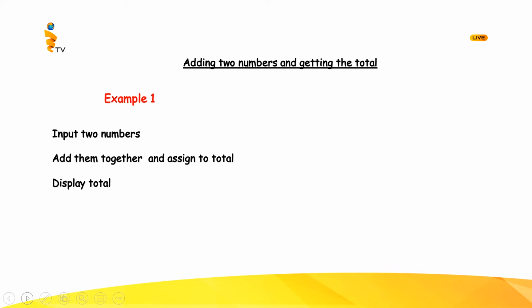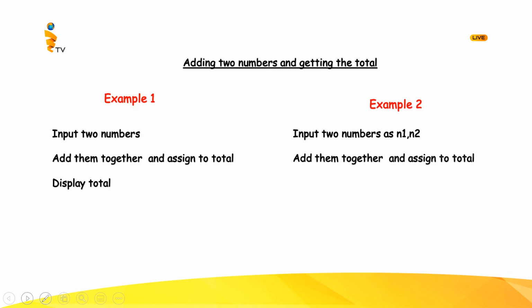I will show you another example for this same problem. We can input two numbers. We can say N1 and N2. In our previous problem, we used input two numbers. Or you can specify, one number is N1, the other number is N2. Then we have to add them together, which is the process, and we store that value in total.